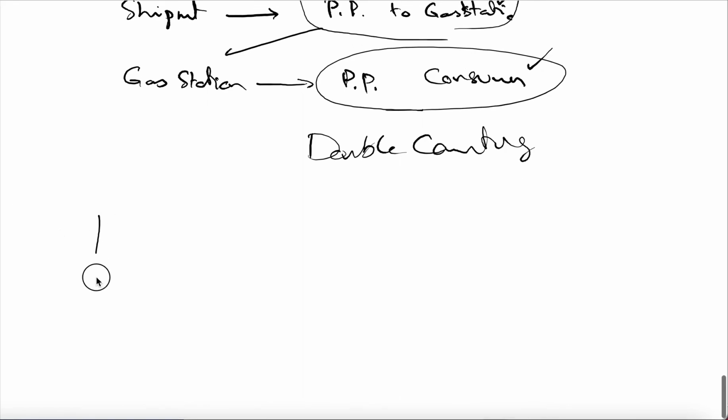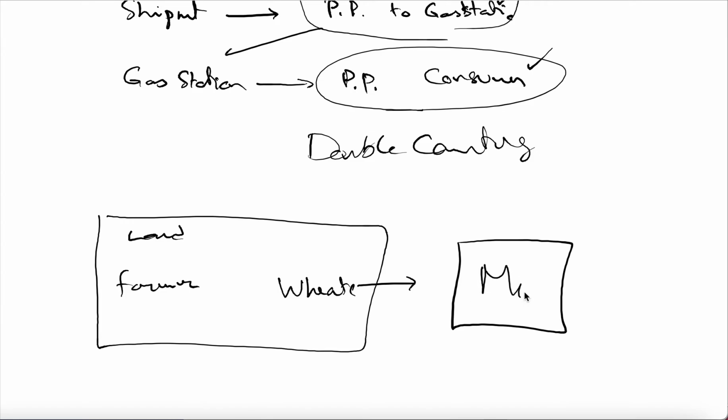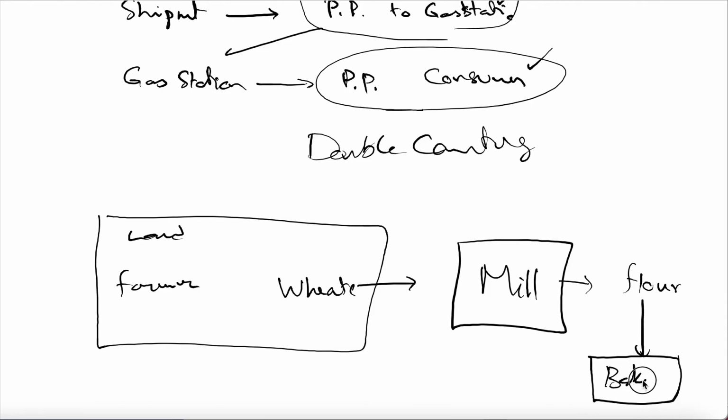Or you may say that I have a piece of land, and the farmer is basically growing wheat, and then the wheat goes to the flour mill and it becomes flour, and the flour goes to the bakery, and the bakery is basically selling the bread to customers.